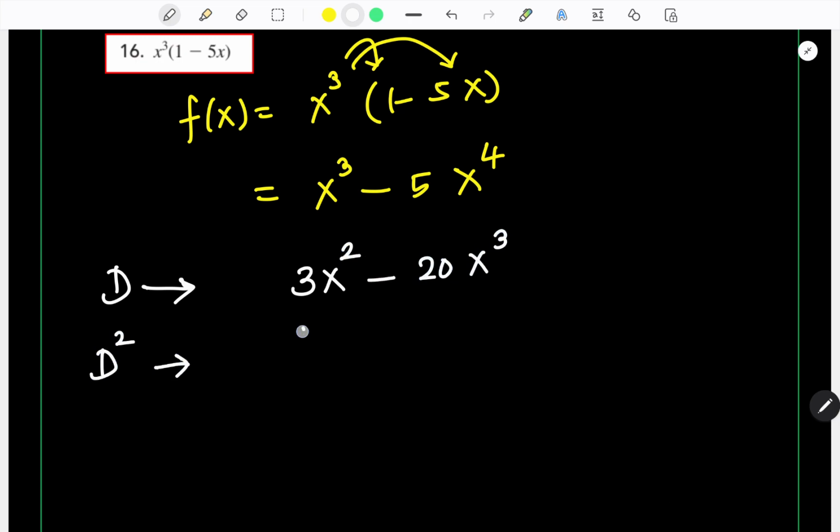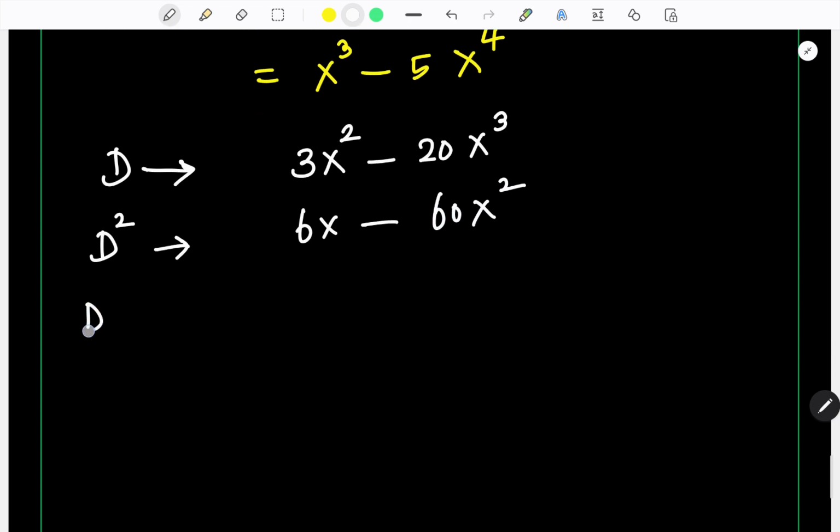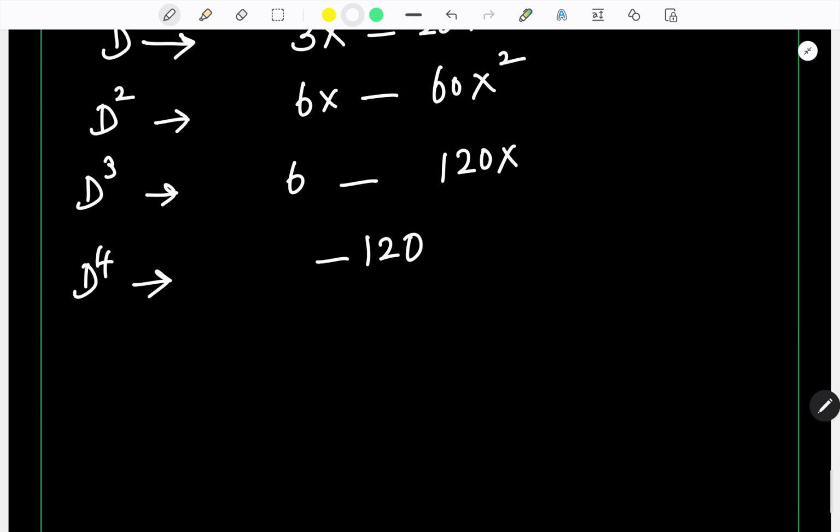Next, D square gives 6x minus 60x square. Then D cube is 6 minus 120x. D power 4 is 0 minus 120. And D power 5 is equal to 0.